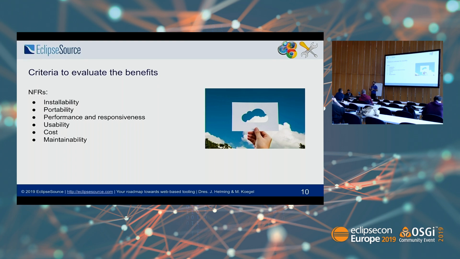The typical advantages are installability, meaning the fact that they can just get started with a workspace clicking one link. Usability, maybe for some users because the UI probably looks nicer. Performance, cost, maintainability, and so on, it typically depends. For example, performance can be better if you have a super server, but then it's probably also more important, you will create more costs.